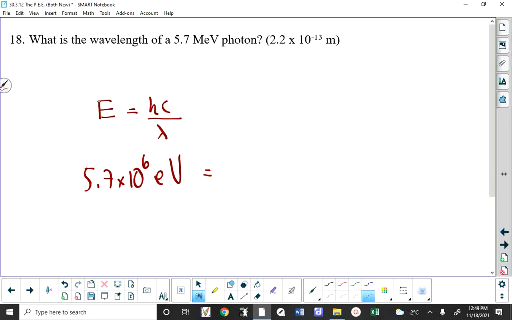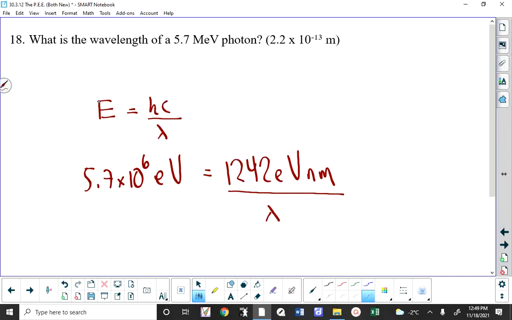If we do this and take 1242 eV nanometers over lambda and cross multiply, we're going to get a very, very tiny number of nanometers, which I hope kind of makes sense, because look at the size of that energy.